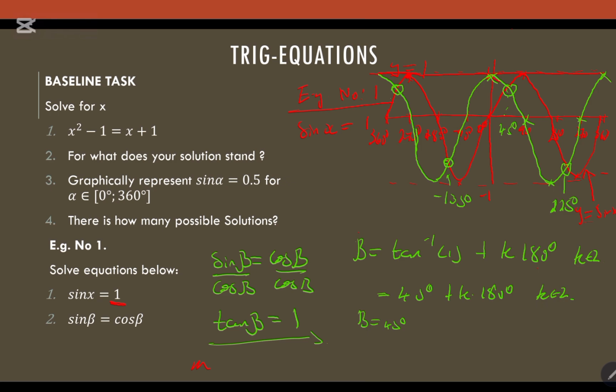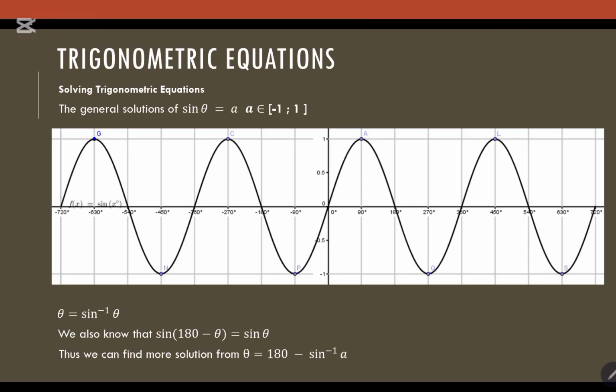So that will give you 45 degrees minus 360, and this angle here is negative 315 degrees. So this is how the general solution works. Now let's go and attempt all the general solutions according to the trigonometric ratio specifically.